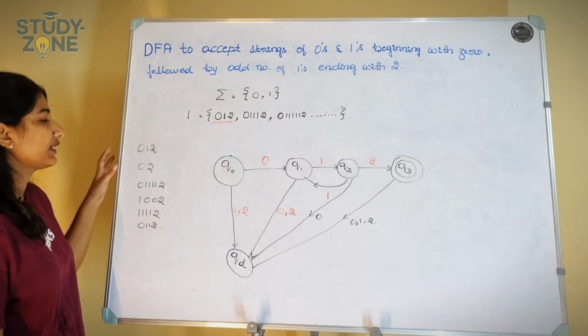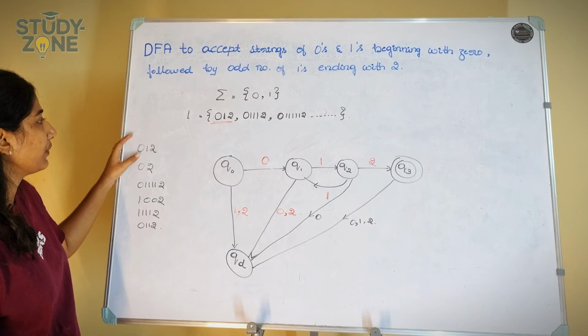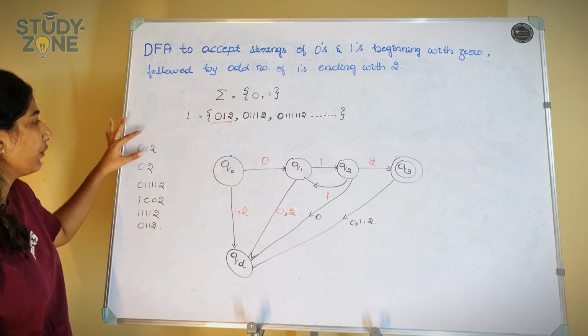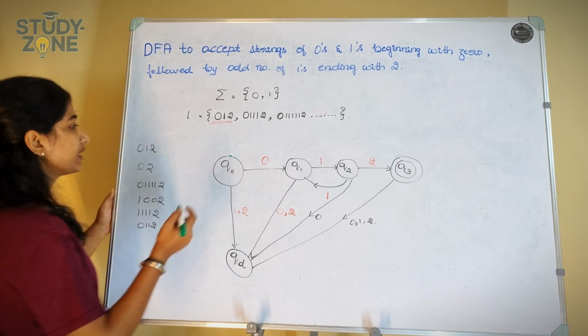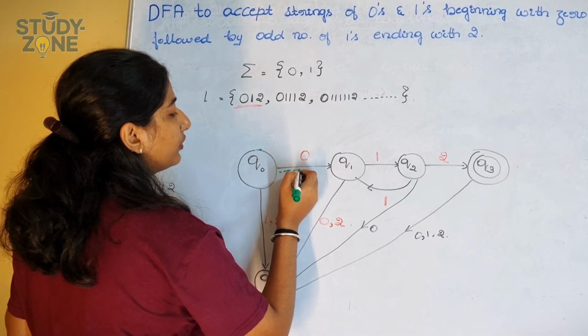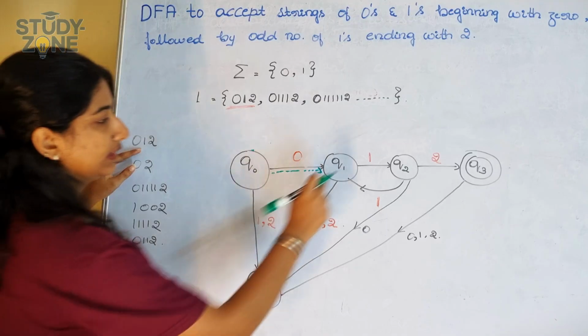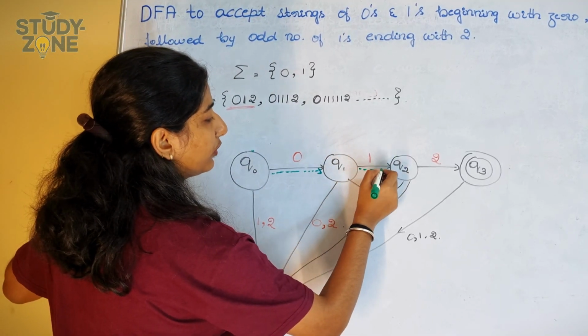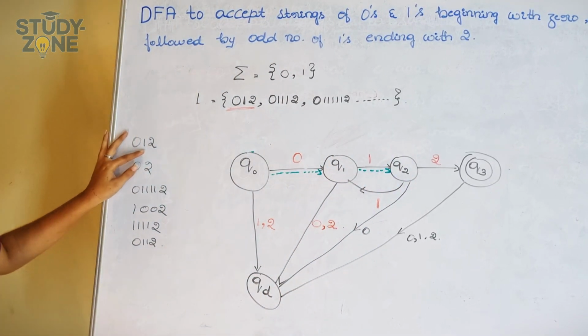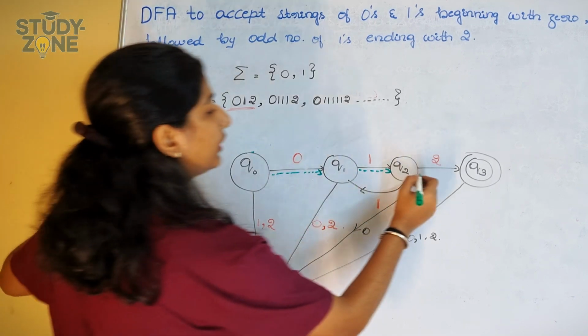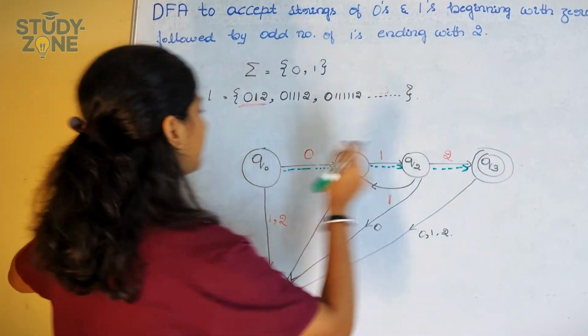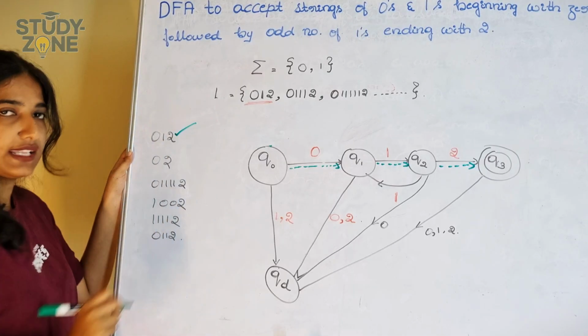Okay, now let us trace the first example. So the first example is simple, 0, 1, 2. So Q0 on 0 moving to Q1, done. Q1 on 1 moving to Q2 and Q2 on 2 moving to Q3. So this is the accepting state. So this string gets accepted.